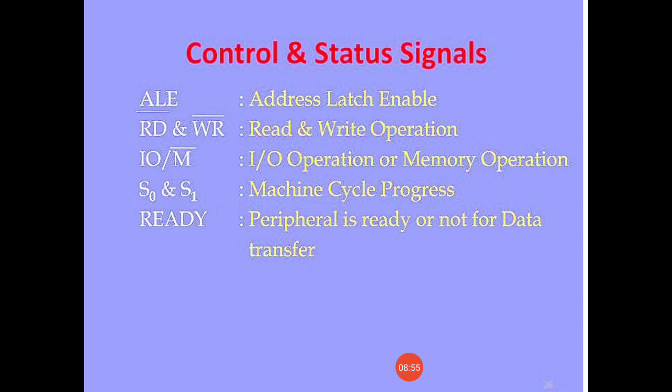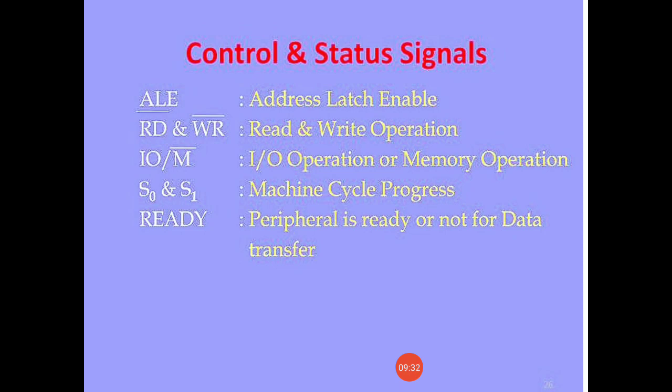When this address latch enable is high, it latches the lower bit address of the memory location which is on the lines AD0 to AD7 using an external latch, and then those AD0 to AD7 lines get free for transferring data through these lines.